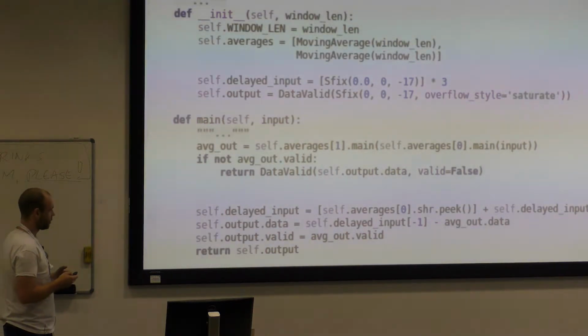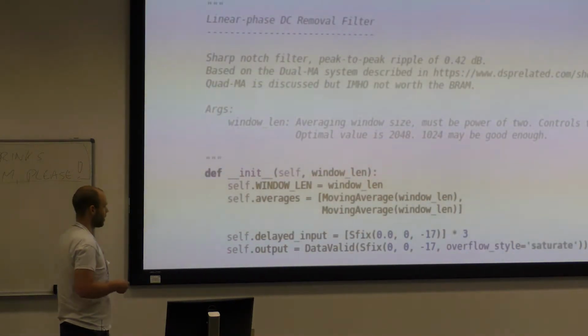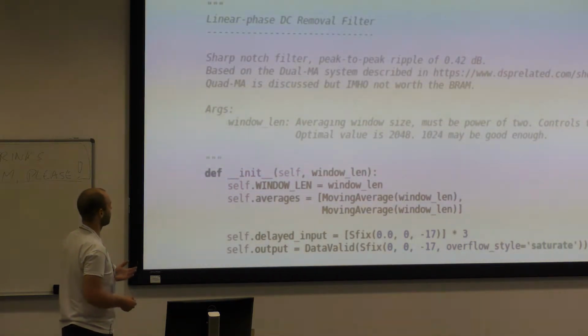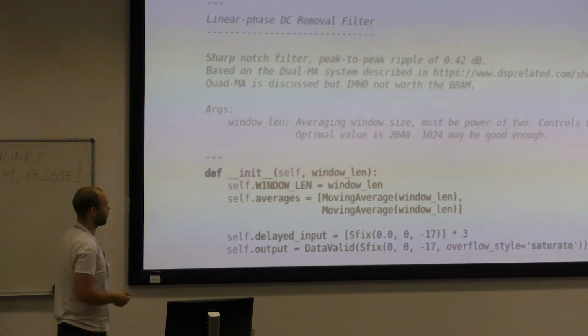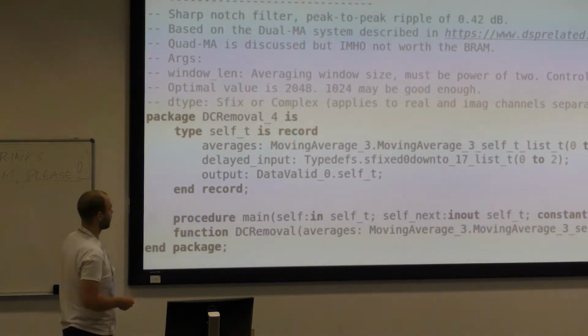Now, how does this thing convert into VHDL, and how is VHDL in this thing? Let's focus on the data model again. So let's, for example, keep in mind that we have a list of two moving averagers. Let's see how it converts. It converts like this.